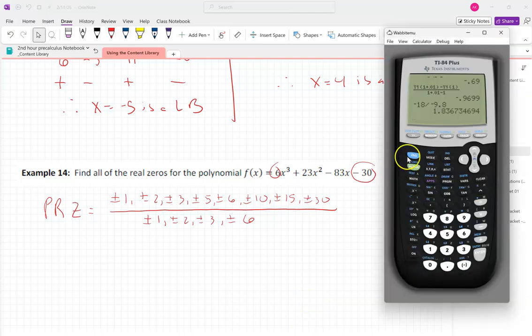Okay. So these are all the candidates that I would like to do synthetic division with. I wouldn't go and check these blindly. Instead, I'm going to graph this f of x in my calculator.